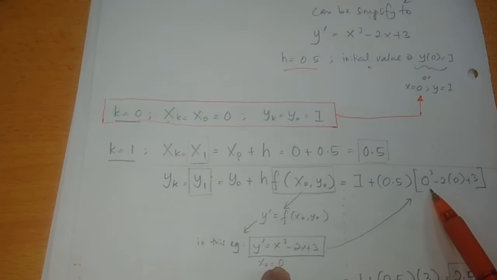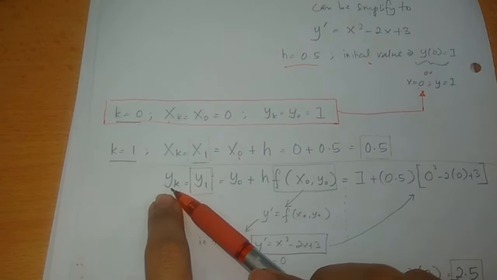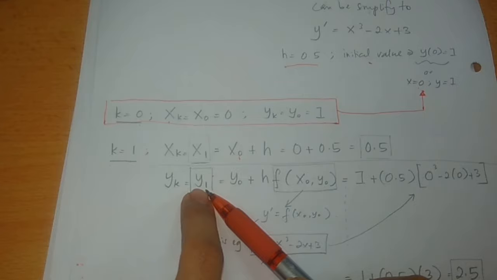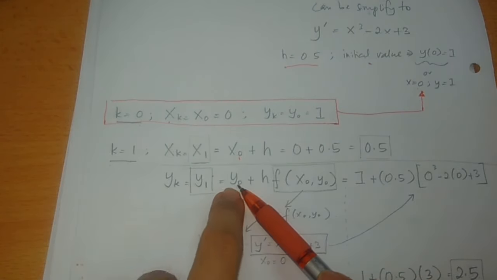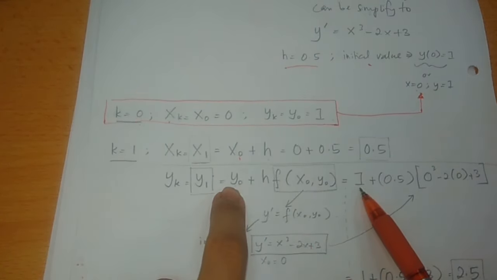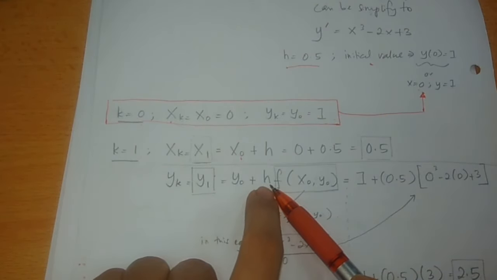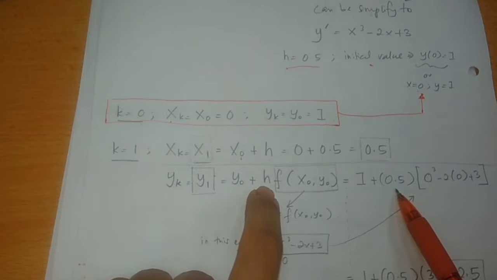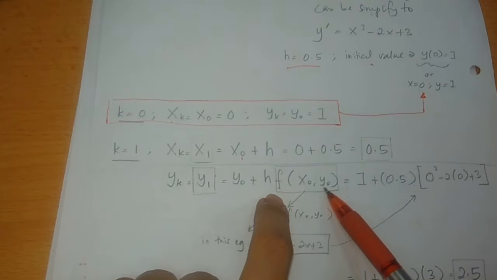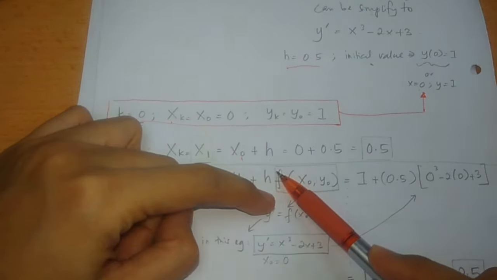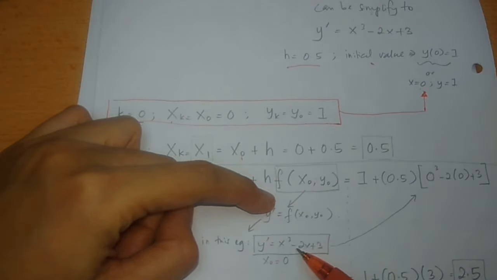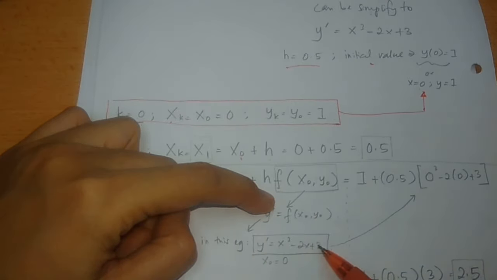So I'm going to show you again. You are trying to find the value of y1. That is equivalent to the previous value, which is y0. So y0 is 1, plus h, and h is 0.5. And you have this whole part here, which is coming from the equation that you have in here. The only difference is you need to substitute the value of x0 in this equation.